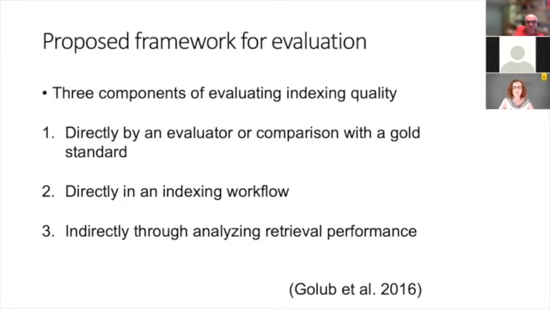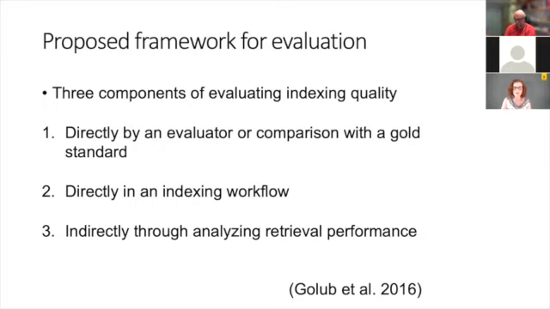We have conducted a project that proposed a framework for evaluation. That framework is rather comprehensive and includes three components in order to be able to evaluate indexing quality. One is comparison with a gold standard, but that gold standard should be carefully crafted rather than just taking what is out there, or, as is sometimes the case, paying students to decide whether something is on a topic or not.